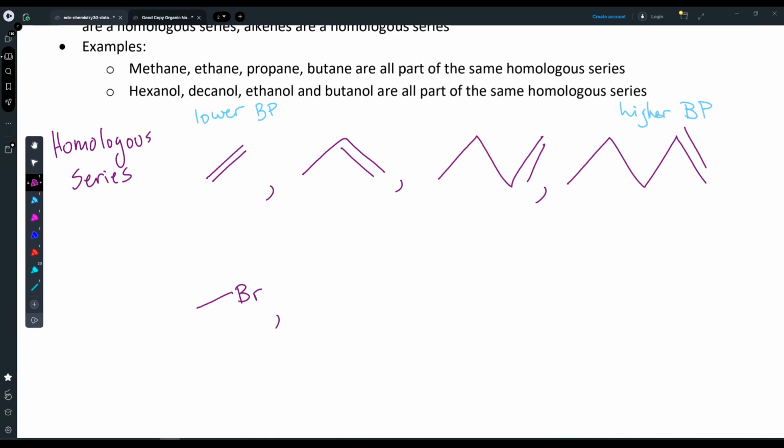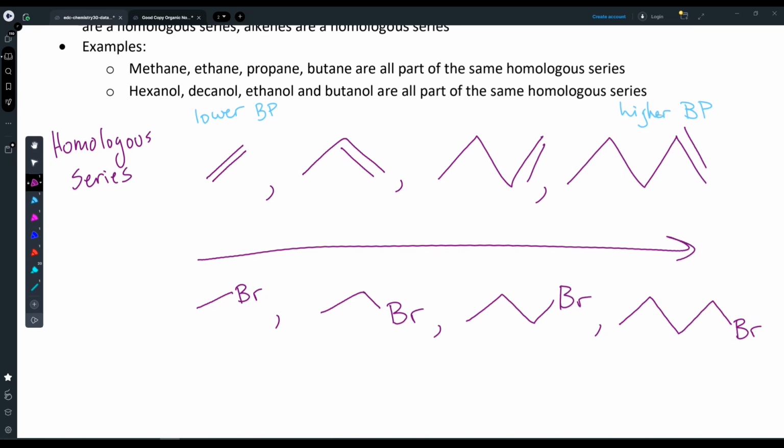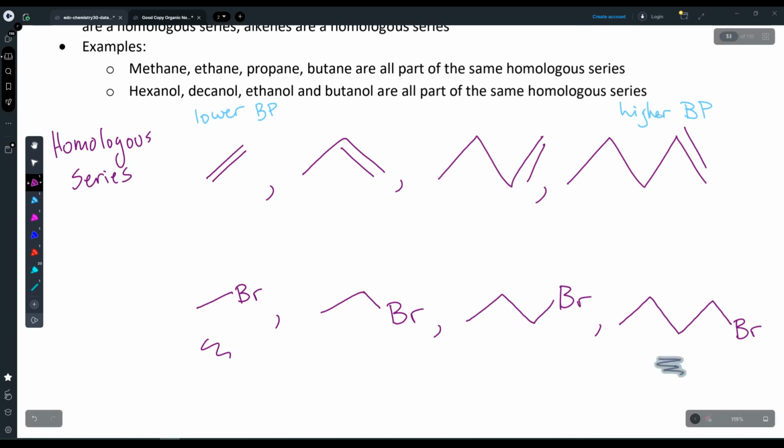Okay, so again, as we go through this homologous series of organic halides, we would expect to have a higher boiling point with this compound compared to this compound, because the one on the right has more London forces compared to the furthest most left one over here.